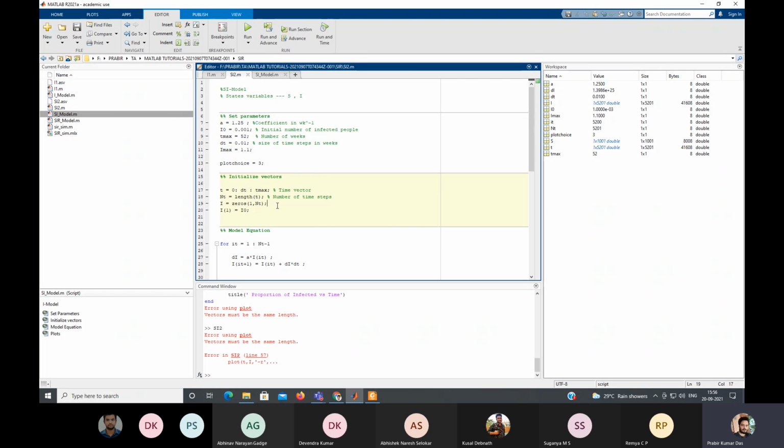Oh, actually I have not created this S vector here. That is why it is giving the error.